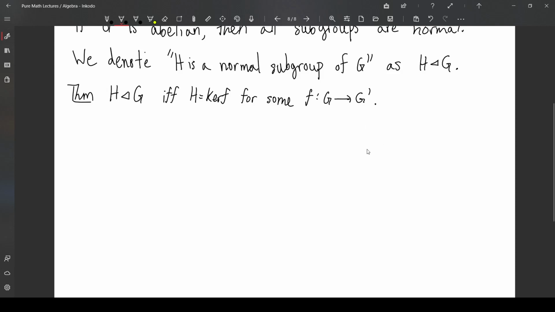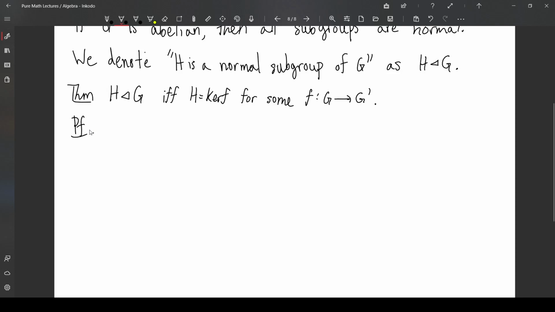And it doesn't matter what this output group is. All that matters is that I have some group homomorphism with G as the domain. Okay.